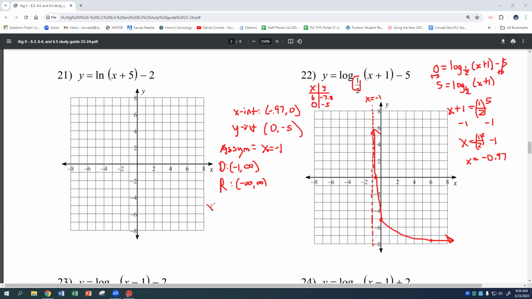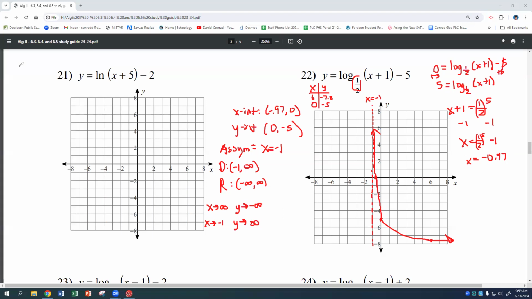And then end behavior: as x approaches positive infinity to the right, y is going to approach negative infinity. And as x goes to negative 1, y is going to go to positive infinity.